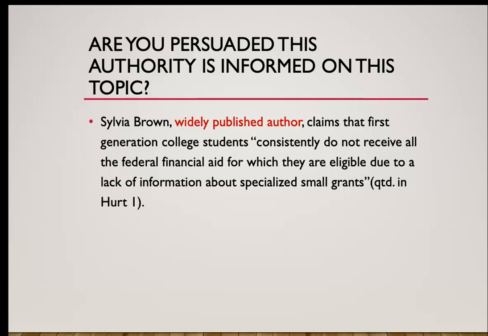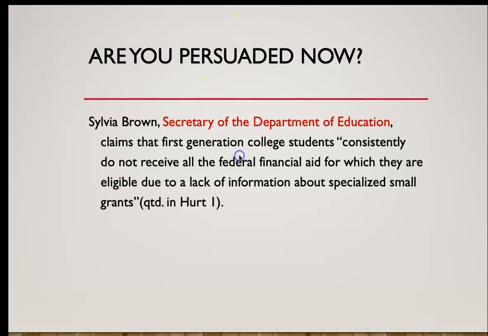Would a widely published author know that? I mean, these days with the internet, everybody could be a widely published author. And just because you got something published, it doesn't mean it's any good. And it doesn't mean that it's on the topic that you are talking about. So we need something more than widely published author for Sylvia Browne.